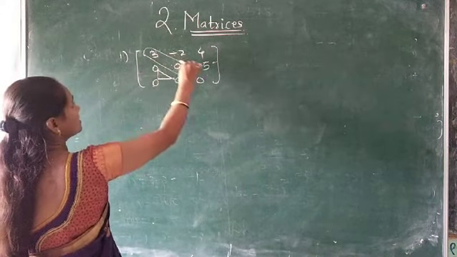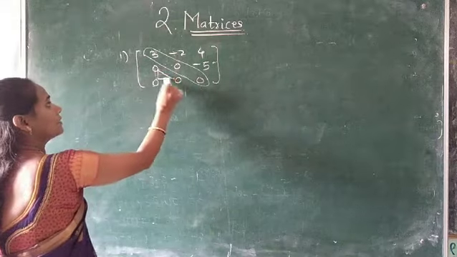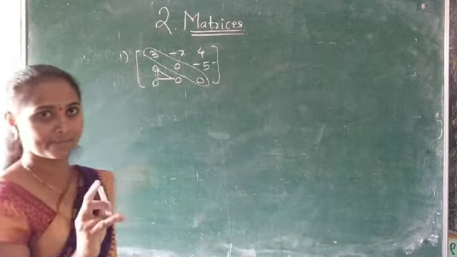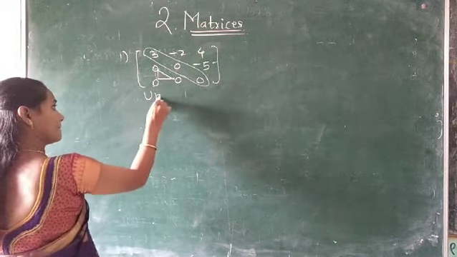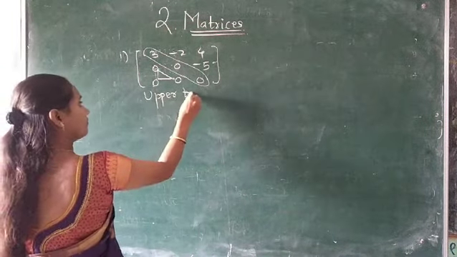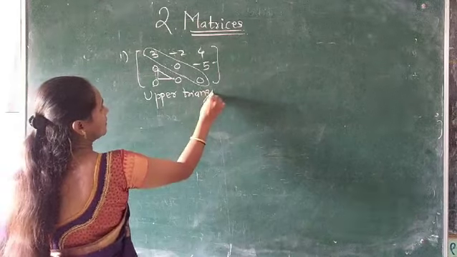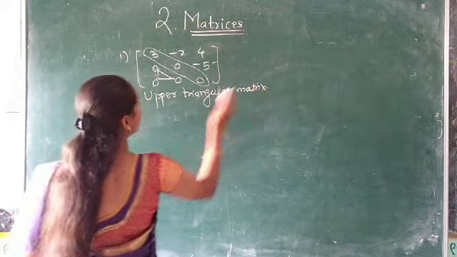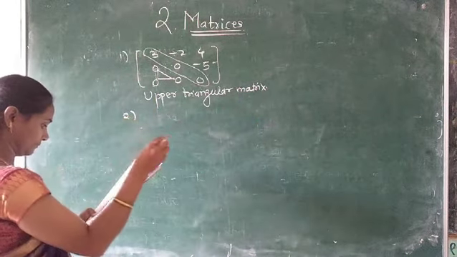All the numbers below the diagonal are 0. So this is the definition of an upper triangular matrix.